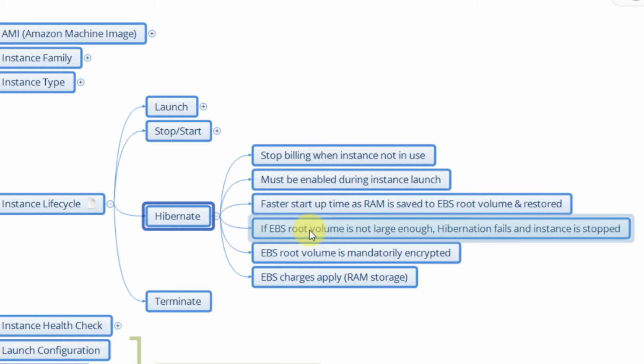Now, if the EBS root volume is unable to hold the contents of the RAM, hibernation fails and the instance is just stopped. For hibernation to work, the EBS root volume must be encrypted. And compared to stop, when you hibernate an instance, there are additional charges because the RAM storage is being saved to the EBS root volume. So that extra storage used translates to EBS storage charge.